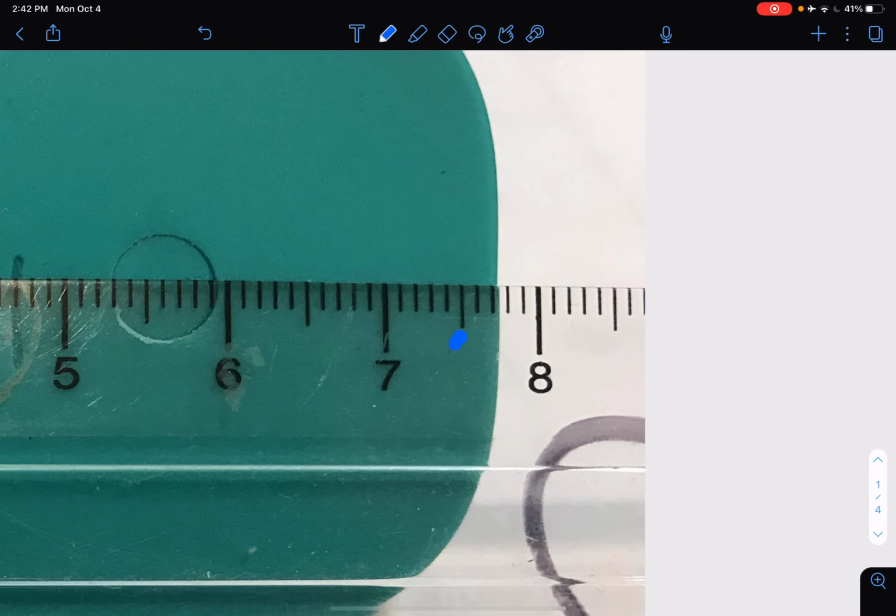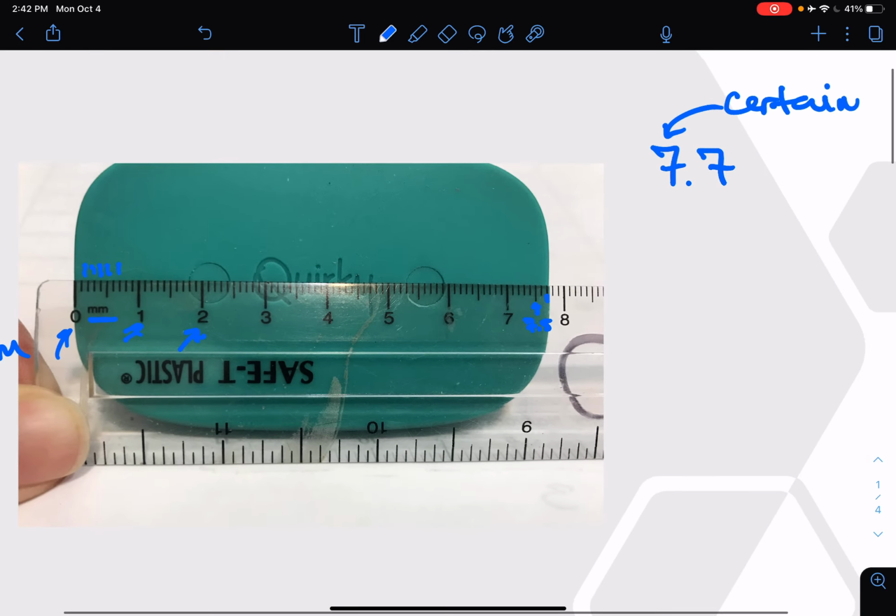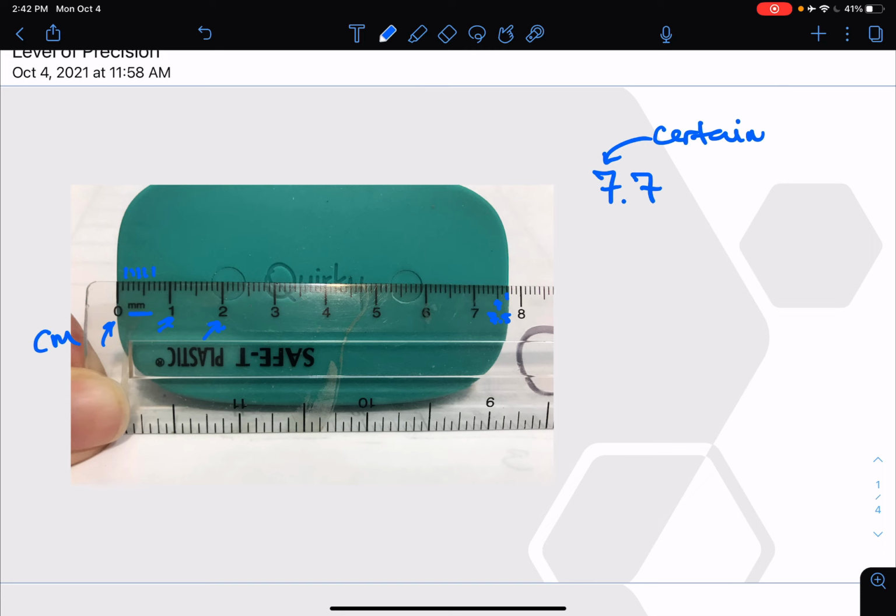So this right here, that would be 7.5, and we are right here at 7.7. Okay, so we can also say that 0.7 right there, that 7/10 is certain. We're sure about it. We're sure that it's not 7.6 and it's not 7.8.